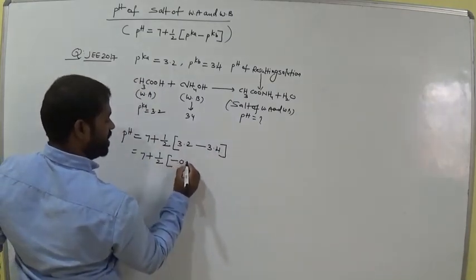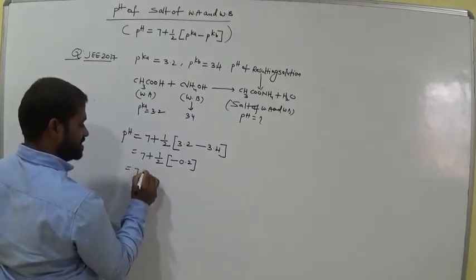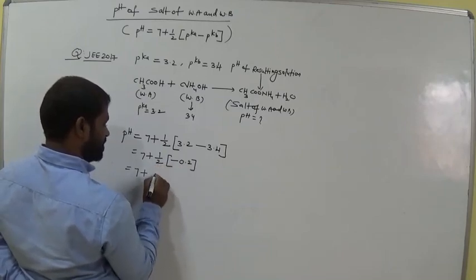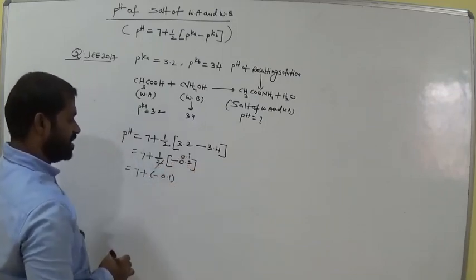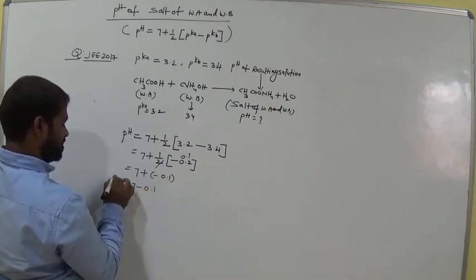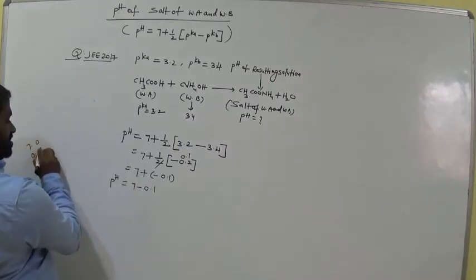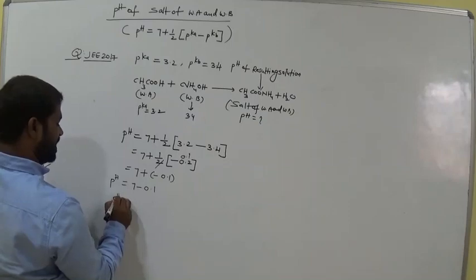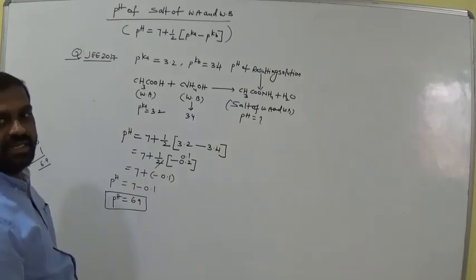Now we have 0.2, half of 0.2 is 0.1, am I right? So it is minus 0.1. Now 7 minus 0.1 is 6.9 clearly. Now what is the expected pH value? 6.9. Is it clear to all of you?